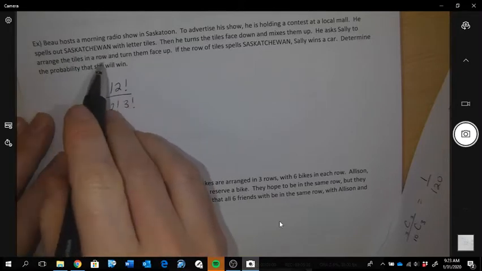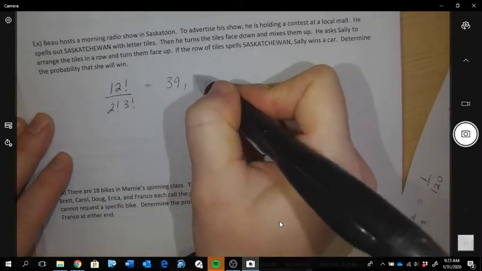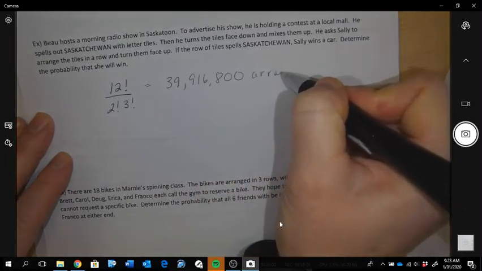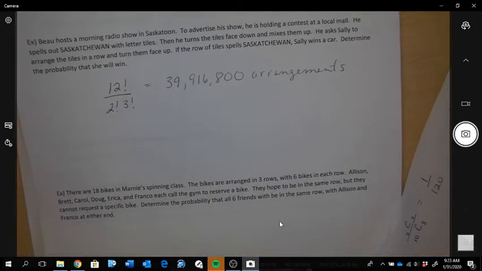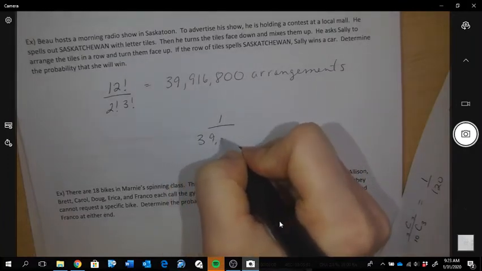I think that's it for repeats. So if we divide that, that's how many arrangements there are. So the probability of winning would be if you get the arrangement correct in one way. So this would be the probability.